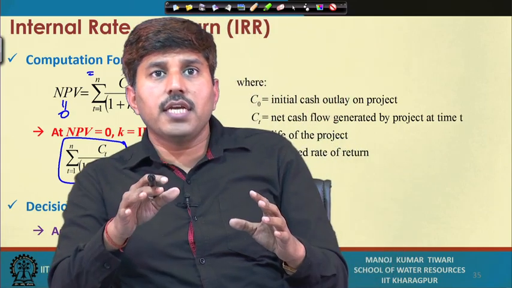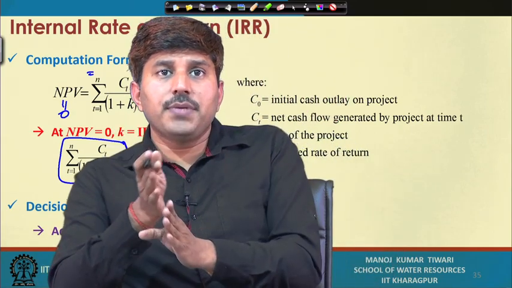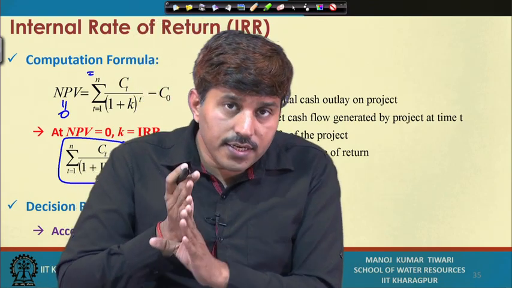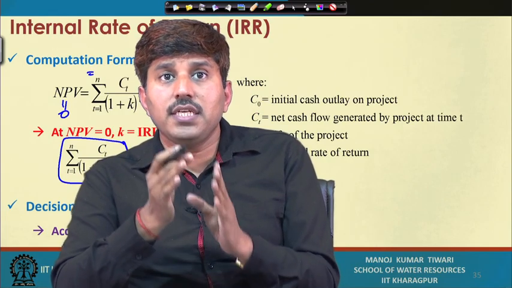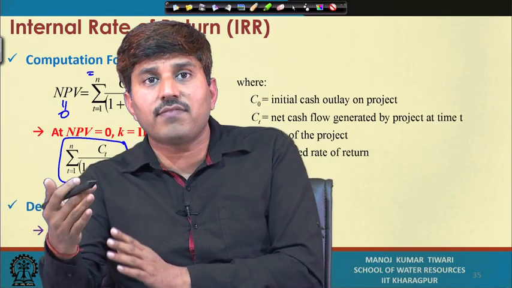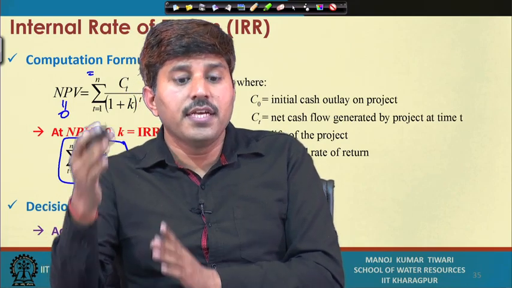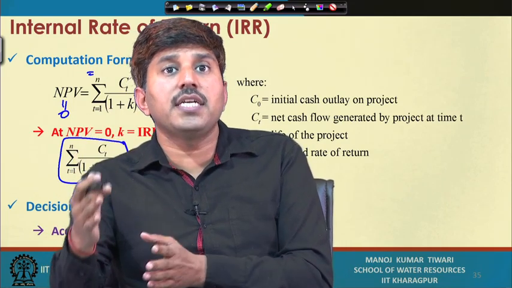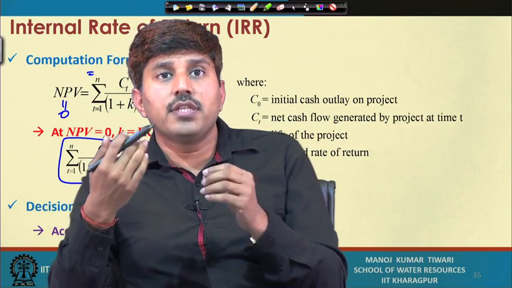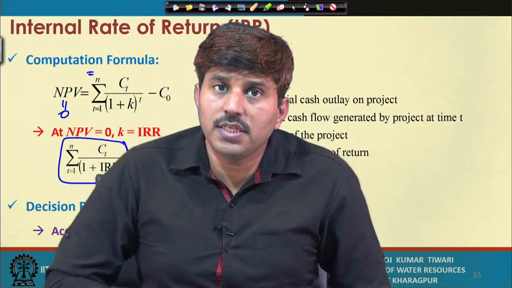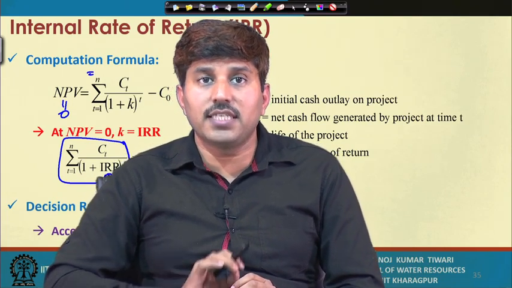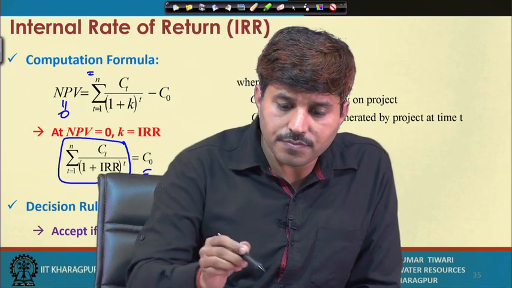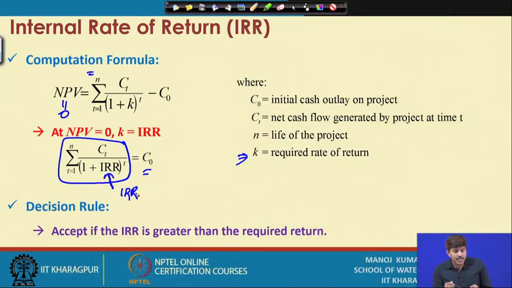So, when there is a preset interest rate that is desired, if the internal rate of return exceeds that value, the project is accepted. If the estimated IRR is less than that value, the project will be discarded and cannot be accepted, because it will not meet the desired return criteria. That is how the internal rate of return is taken into account.